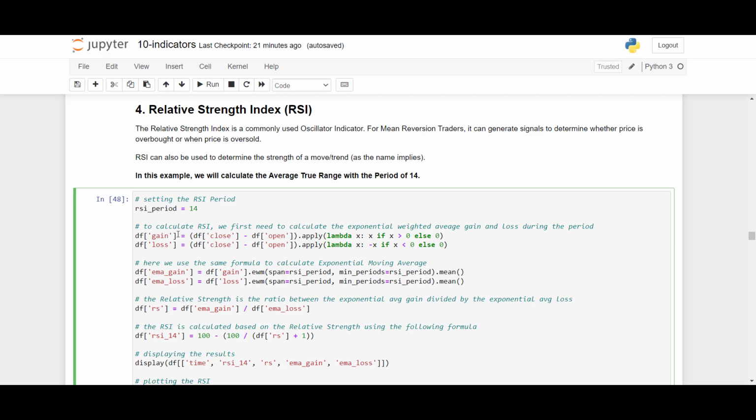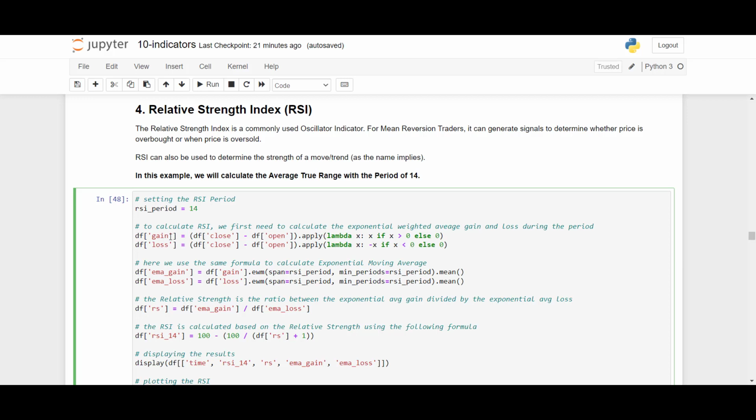The RSI takes the average gain over a certain period, and gain is defined as follows: if there is a bullish candle, so the close price is greater than the open price, then we have a gain of X, and if the price is bearish, that means the close is below the open, then we set the gain to 0 because we've gained nothing if the price dropped.